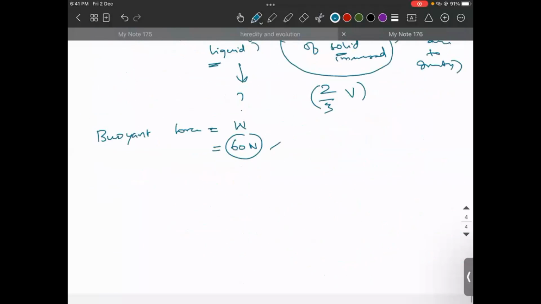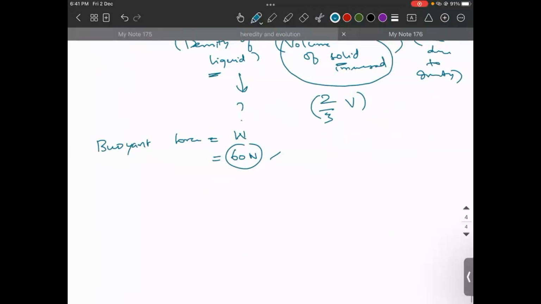Right. Now, they ask the ratio of the density of the solid to the density of the liquid. So rho S times volume of solid times g is equal to rho L times V immersed times g. So g and g will get cancelled.